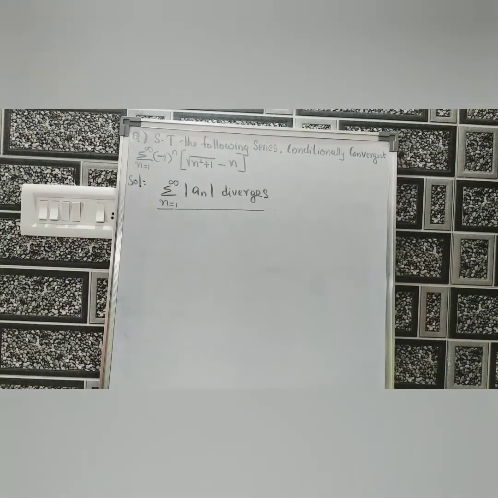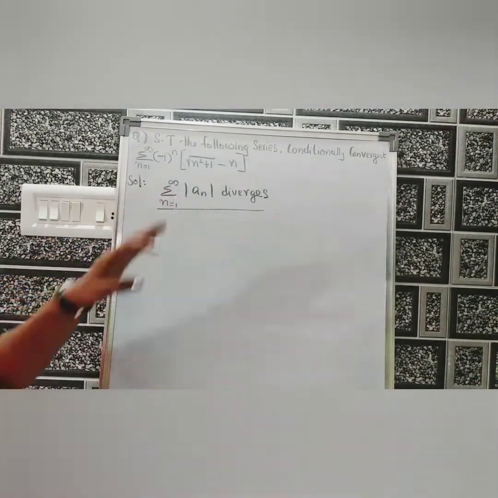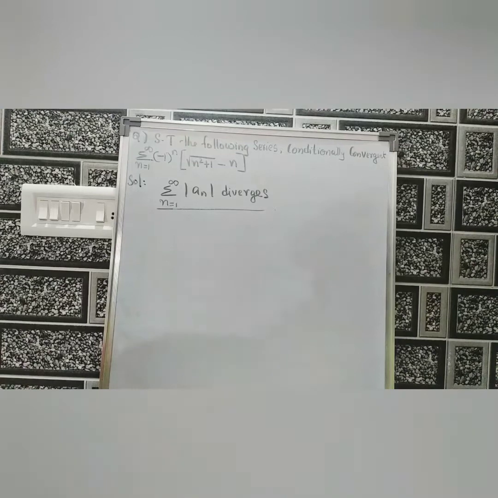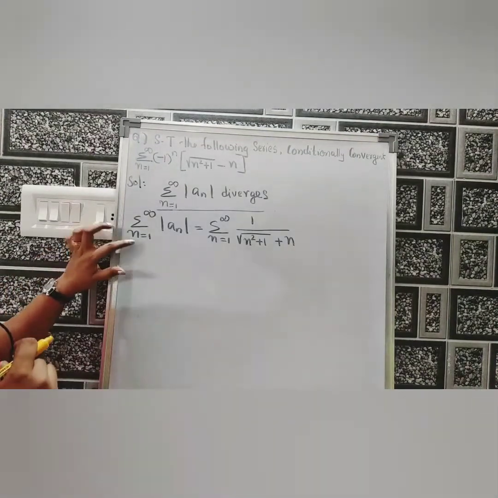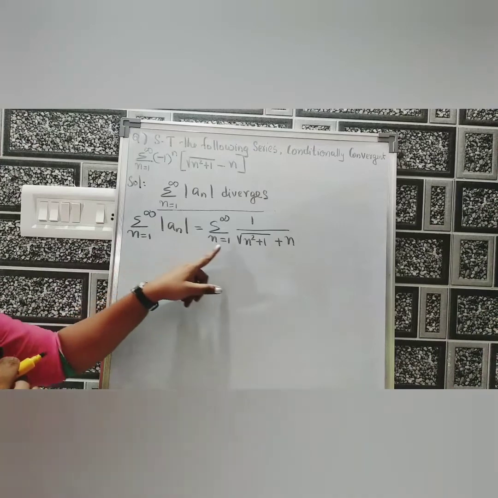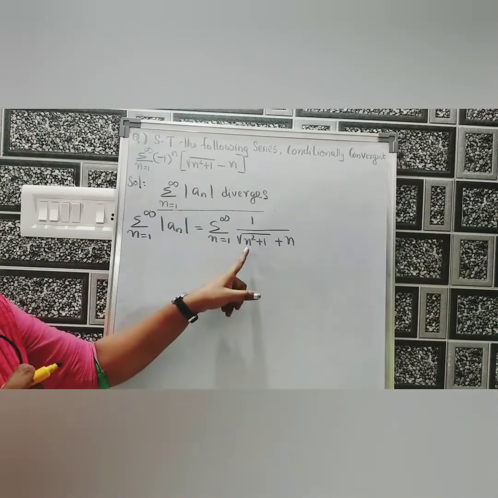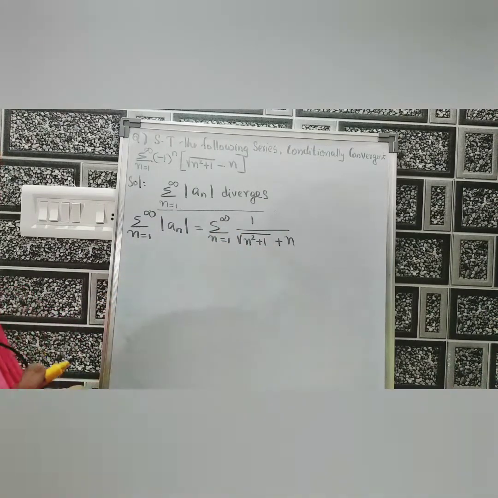Next we want to show that sigma n running from 1 to infinity mod a n diverges. Here sigma n running from 1 to infinity mod a n is equal to sigma n running from 1 to infinity 1 by root of n square plus 1 plus n.